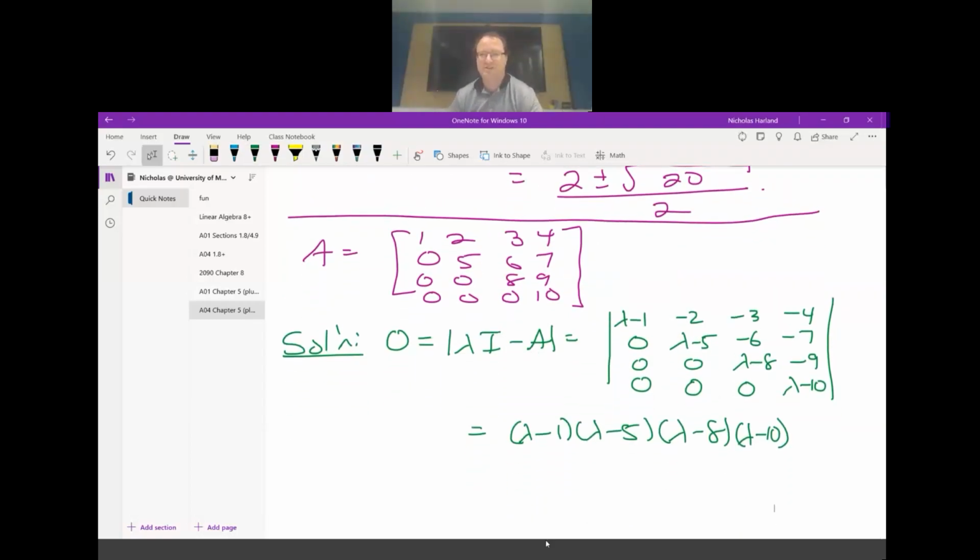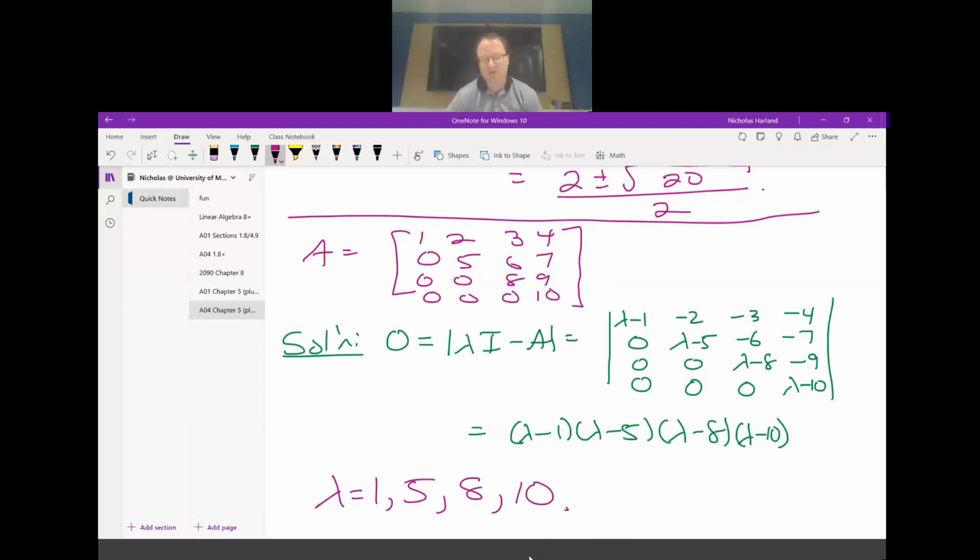So it's a much easier determinant to compute, an easy-ish looking characteristic polynomial, and it's nice because it's already factored. So what are the eigenvalues? 1, 5, 8, and 10.